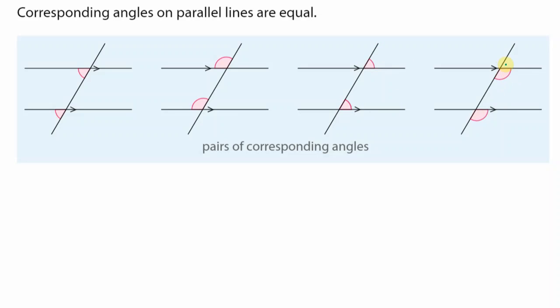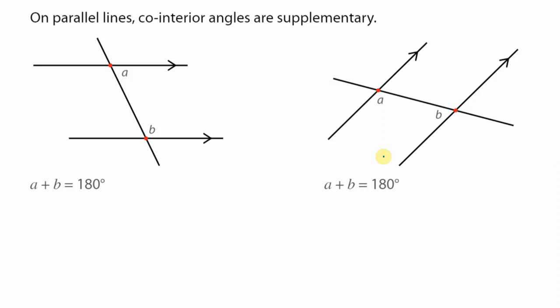Here, both to the right of the transversal, both below the parallel lines. So in this case, since we have parallel lines, we can say these corresponding angles are equal. Previously, when we don't have parallel lines, we couldn't say they are equal. We could just say this and this angle form corresponding angles. But now, since we have parallel lines, they are in fact equal.